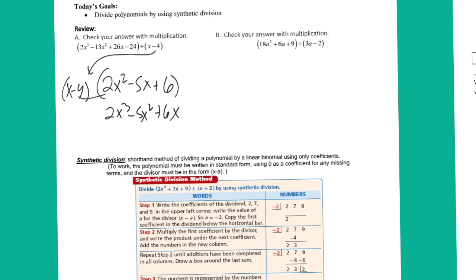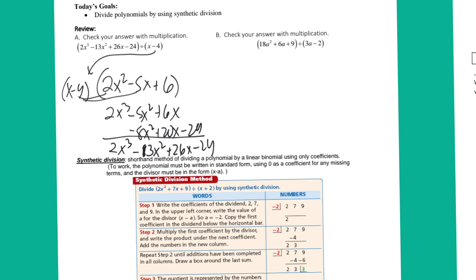Then you take the negative 4 times each one, and you get negative 8x squared, plus 20x, and then minus 24. And you're going to get 2x cubed minus 13x squared, I can add, right? That'd be good. And then plus 26x, and then minus 24. And look, that's exactly what we have right here.